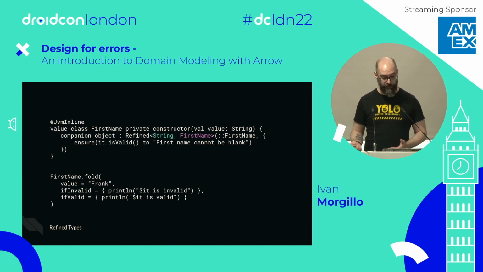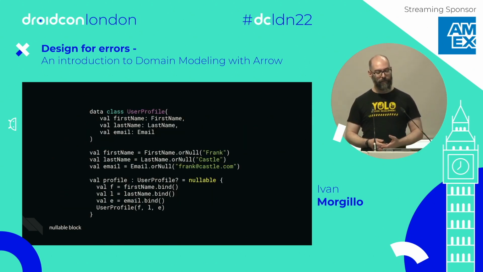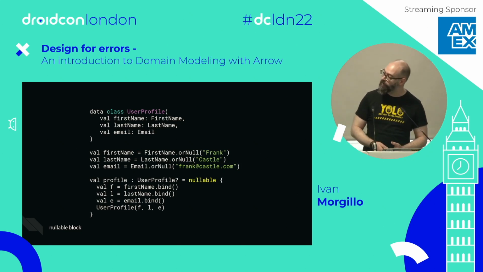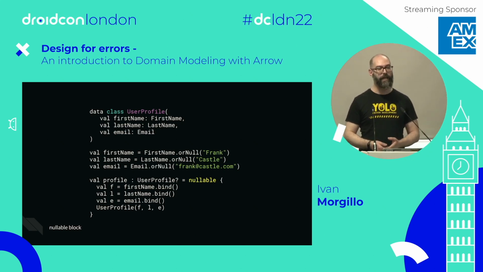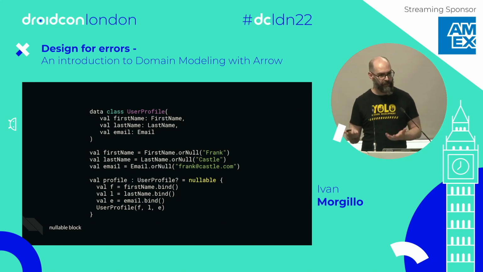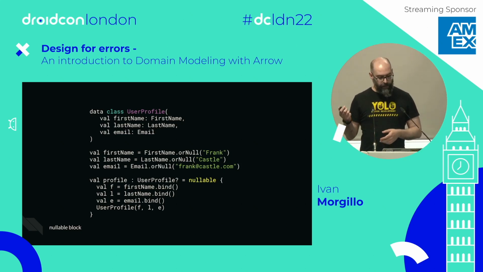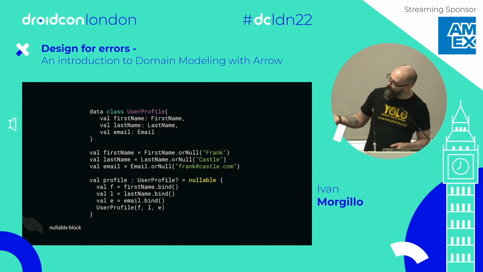At least I get the factory for free, and this is how I will use it, because something that you also get from Arrow is the nullable block, and the nullable block saves you a bit of if-else and indentation and things like that. Of course, it's not a syntax that we are familiar with because it's not part of Kotlin, but that's just a function. It's just a block that takes a lambda, and in that lambda, you see those .bind functions.